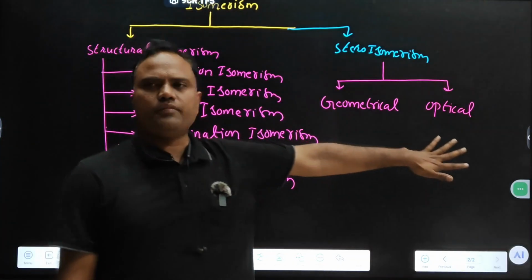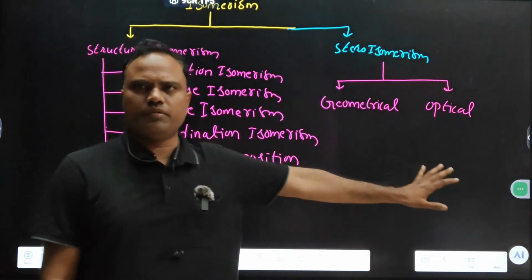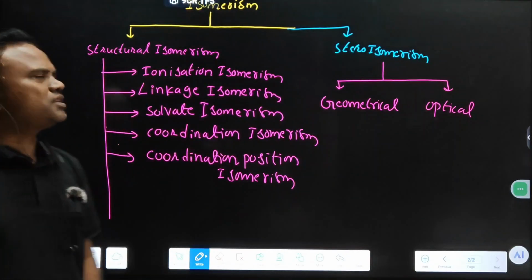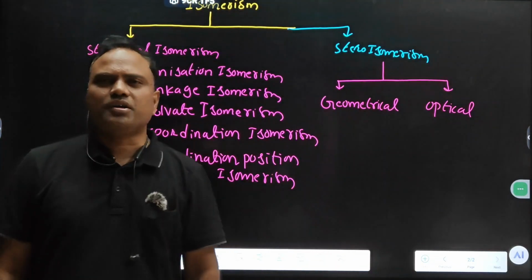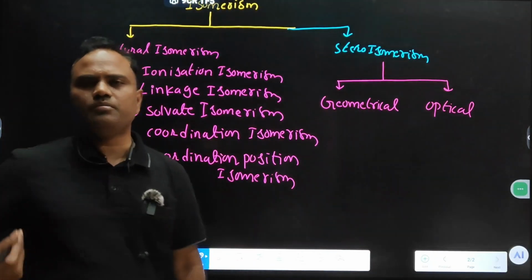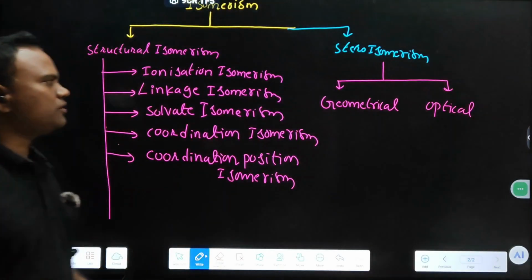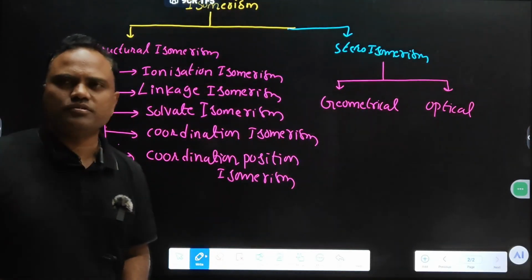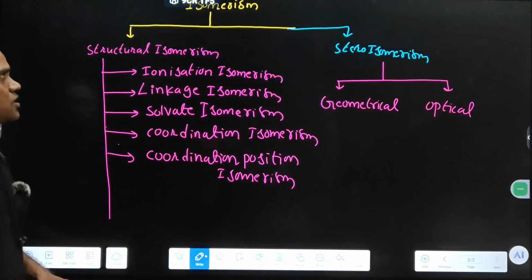Several times questions are given from optical and geometrical, and JEE level also, because structural is very easy. So geometrical and optical are a little bit difficult. That is also easy only, but we should remember some formats. We'll send the notes. Let us start with the first one, structural isomerism.